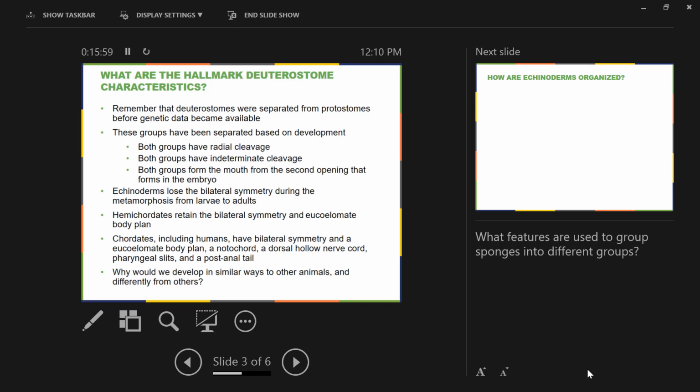Now keep in mind here, hemichordates retain their bilateral symmetry. Echinoderms lose their bilateral symmetry, but it's a very clear loss. Their larvae actually do live very active and efficient lifestyles as zooplankton in the water column, and then go through metamorphosis to take on a more simple body plan.